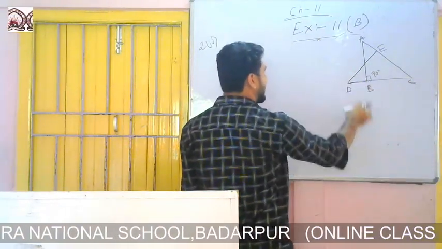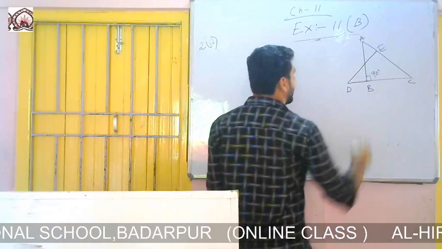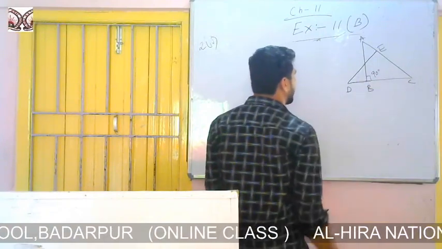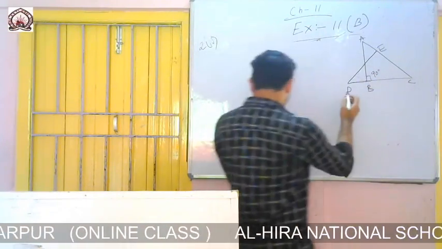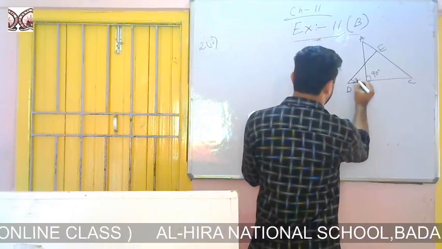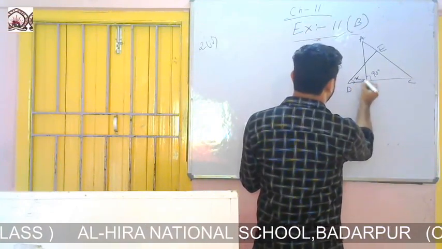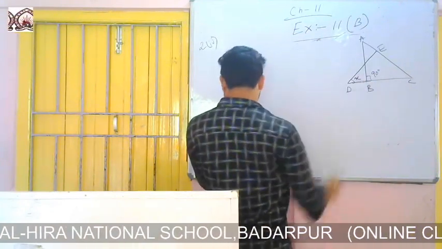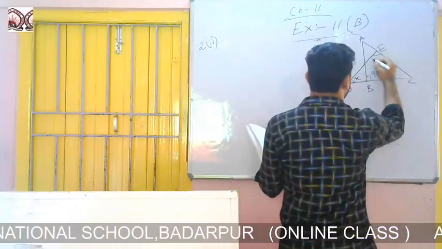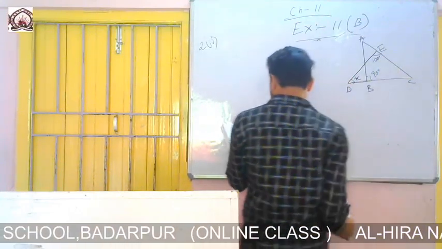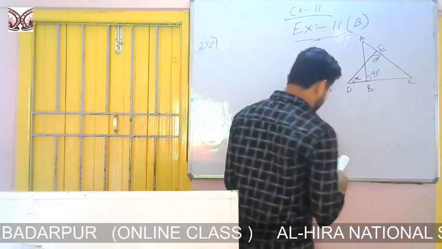You see there are two triangles. ABC is a right triangle and EDC is another triangle. Okay. So we have to find the measure of D, that is given as X. We have to find this one. And the measure of this angle is 100 degree.